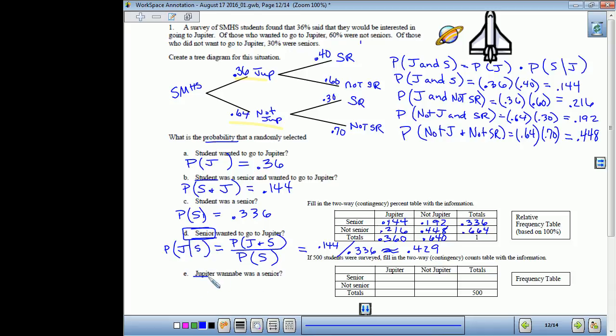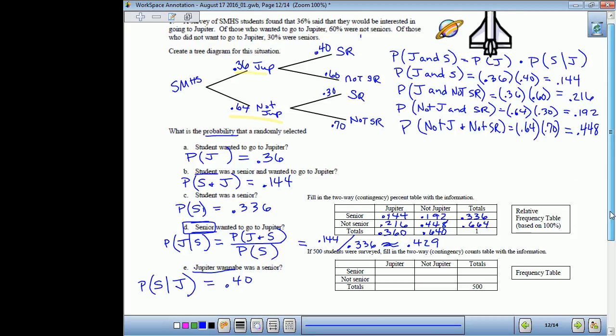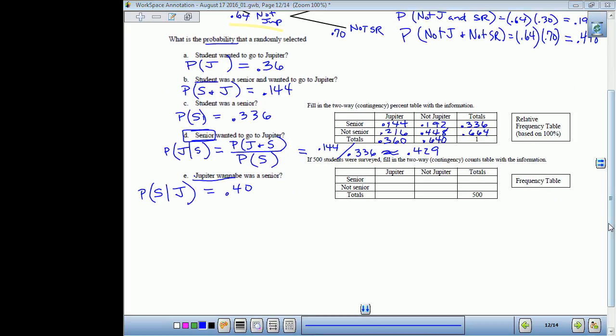Okay, now this one has a condition. This time our condition is that we want to go to Jupiter. We're a Jupiter wannabe. So what is the probability that we're a senior given that we're a Jupiter wannabe? Okay, isn't that actually in my tree diagram right here? Yes, it is. Isn't it 0.40? Now let's prove that it works with the formula too.